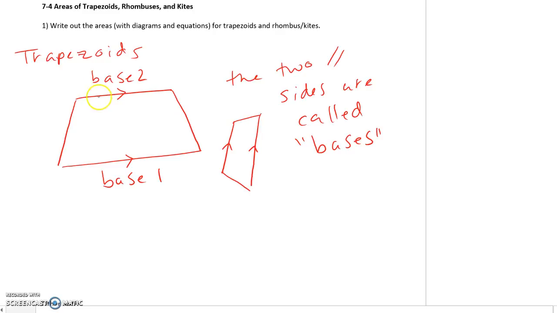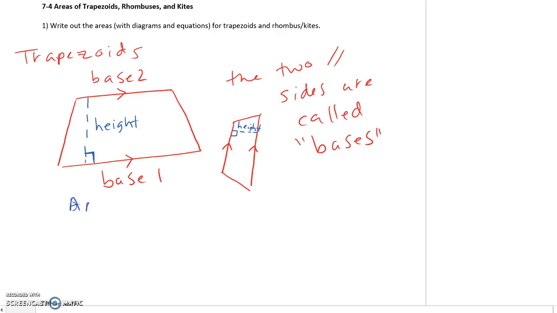Between the two parallel sides, you could put the line wherever, but a perpendicular line between the two bases is referred to as the height. So if the bases are going side to side, then the height is on the side. That's really important to understand, what's a base and what's a height.